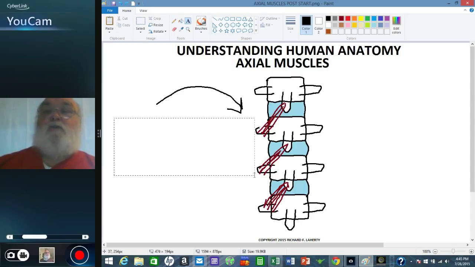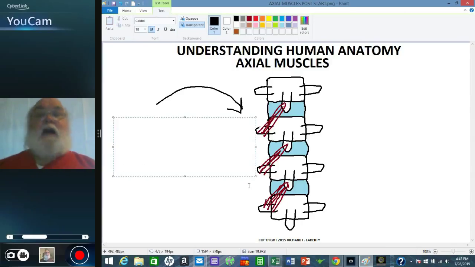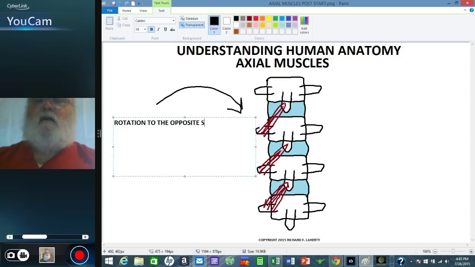This will cause rotation to the opposite side of the body, that is the contralateral side.